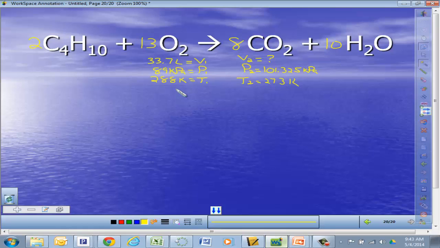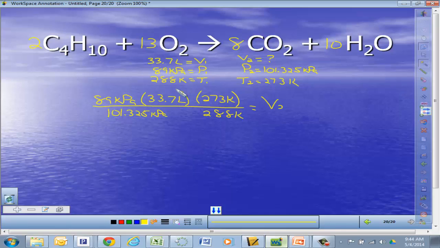So if we go ahead and start filling in 89 kPa, 33.7 liters, using that second temperature, 273 Kelvin. What I'm going to do is set up the division already. I'm going to divide it by 101.325 kPa, and I'm going to divide it by that first temperature, 288 Kelvin.